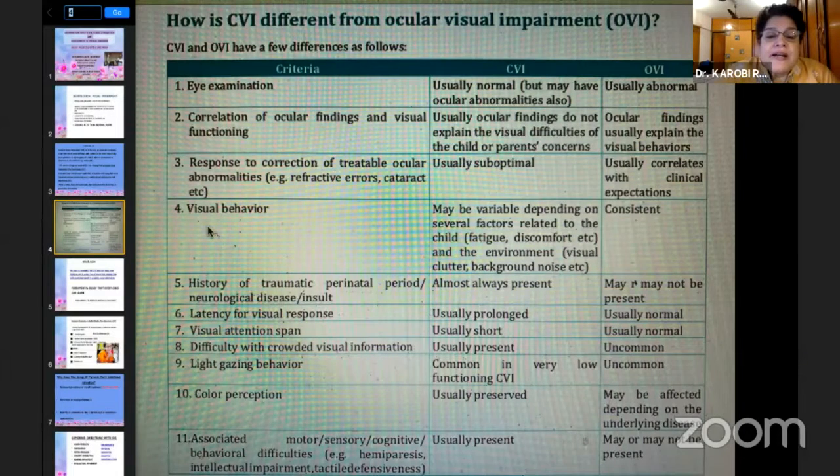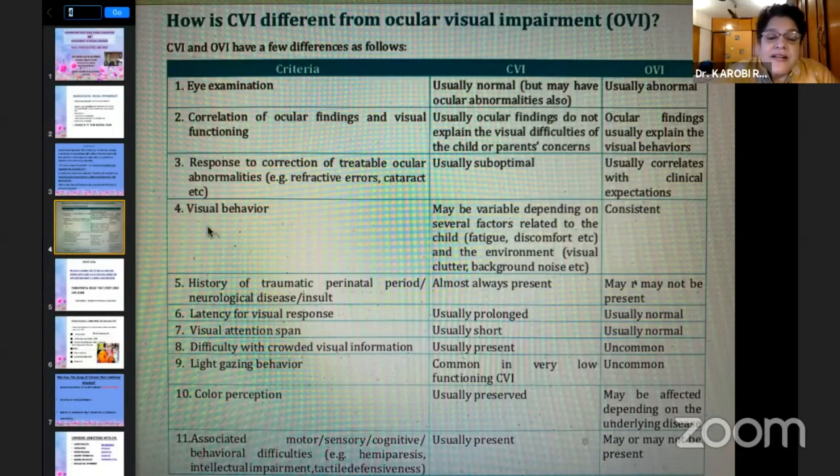Response to correction of treatable ocular disorders usually correlates in an OVI, but it's suboptimal in a CVI. The visual behaviors are variable in a CVI because they depend on a lot of conditions like fatigue, discomfort, environment, clutter, background noise, but they are consistent in an OVI.